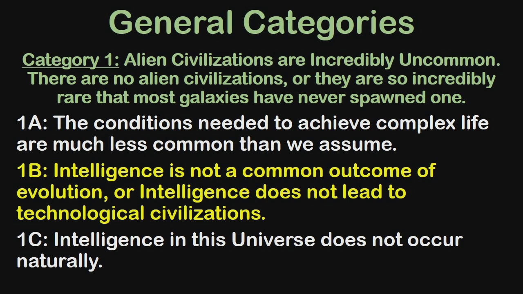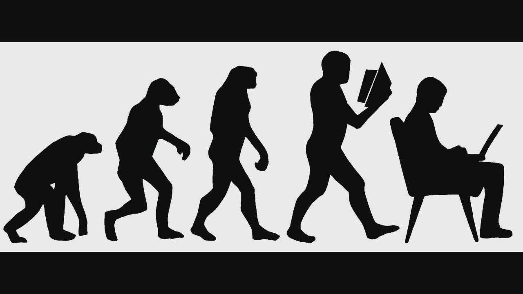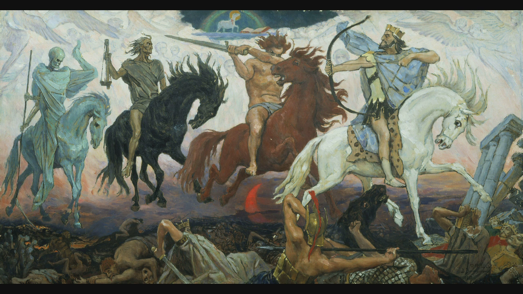Now, of course, evolution does not have end goals, but it does tend to produce increased complexity and sophistication, and we often assume intelligence to be one of those, and technology to be inevitable from that. The other chunk of 1b is that technological civilizations might be uncommon because they inevitably take themselves out through nukes, biological warfare, runaway self-replicating machines, and so on.